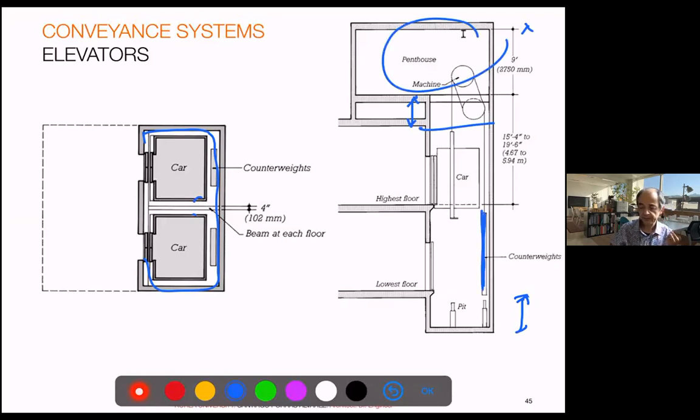Counterweight is important. So the counterweight is 50% of the maximum weight. That means that when the elevator is full, you will only move 50% of the weight. When it's empty, you will move maximum 50% of the weight. So it's quite an ingenious system to always reduce effort.